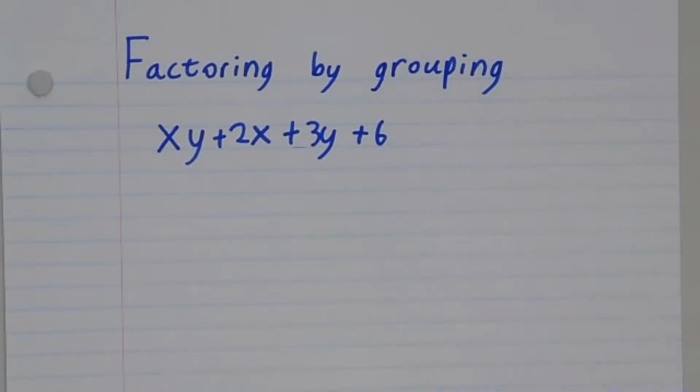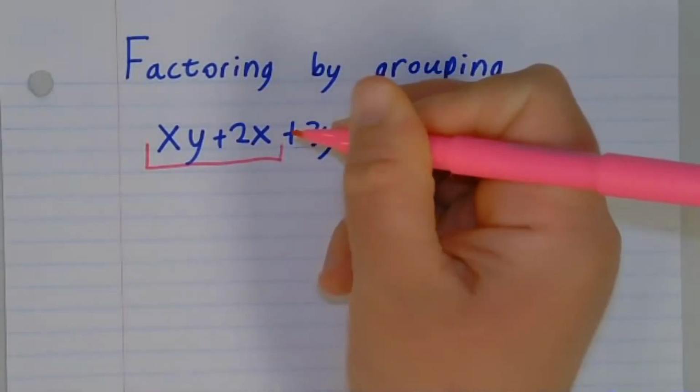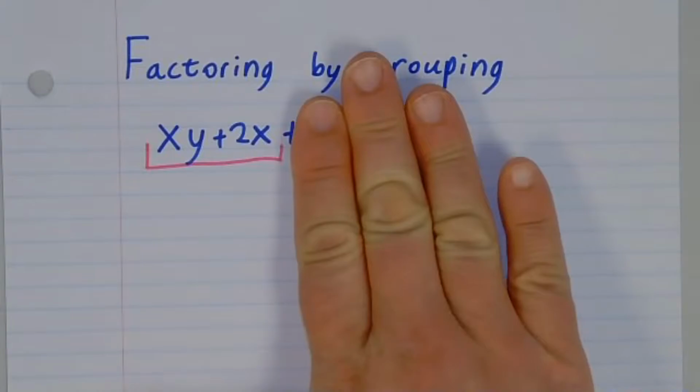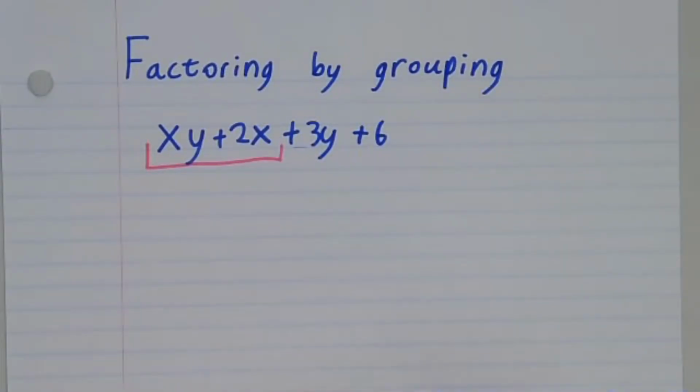I'm going to factor by grouping it into some smaller expressions with only 2 terms, and try to factor things out of just those. So if I look at just these first 2 terms and don't think about my second 2 terms, I can find a common factor among those 2 terms. They each have an x.